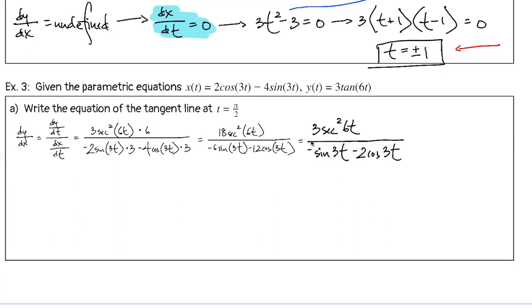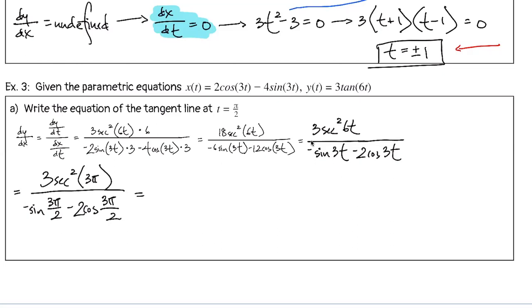And so the value I'm going to plug in now is pi over 2. So let's see what happens when we plug in pi over 2. We will get 3 secant squared of 6 times pi over 2, which is 3 pi. Okay. And then on the bottom, I have negative sine of 3 pi over 2 minus 2 cosine of 3 pi over 2. So we've got some nice unit circle values here.